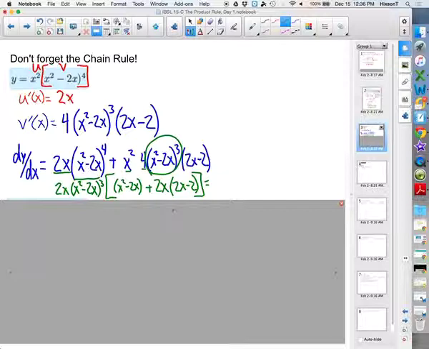So I have 2x times (x squared minus 2x) to the third. And then in here, I have an x squared plus, I distribute, that's a 4x squared. So that's a 5x squared. And then I have a minus 2x minus another 4x.